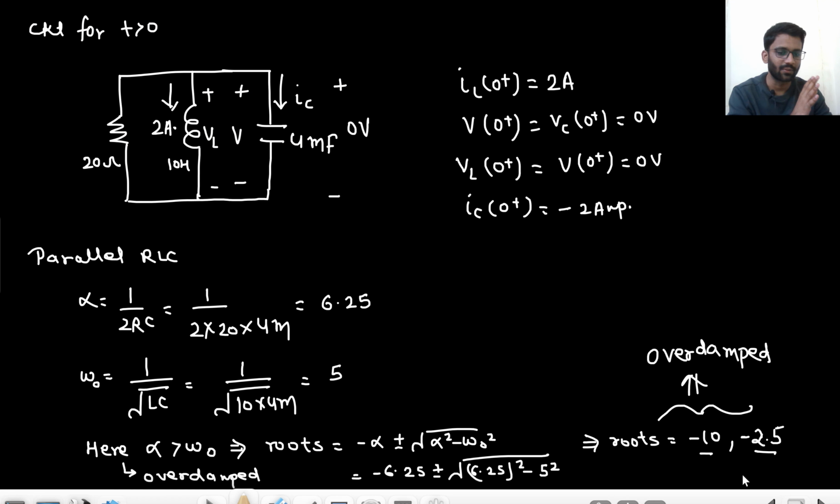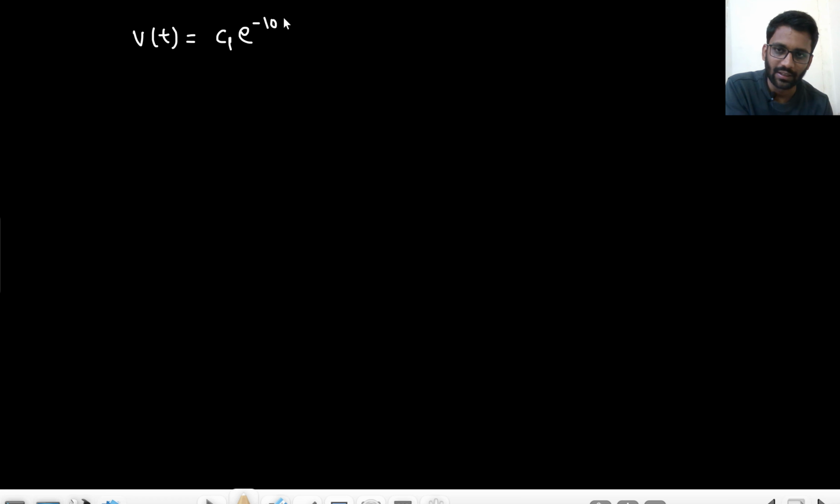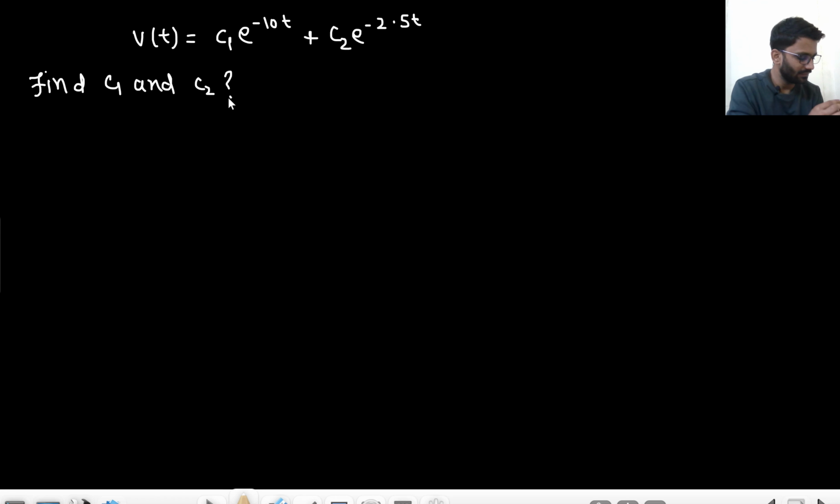So V(t) would be C1 e to the power minus 10t plus C2 e to the power minus 2.5t. Now you need to find the values of C1 and C2. This is my task now.